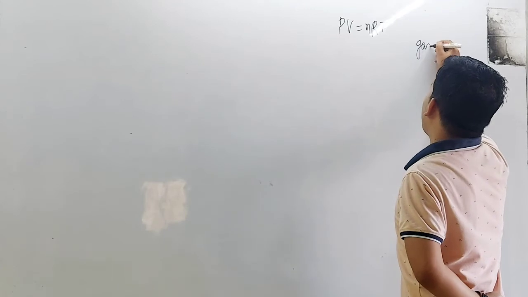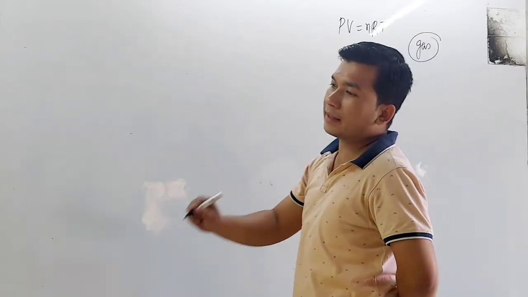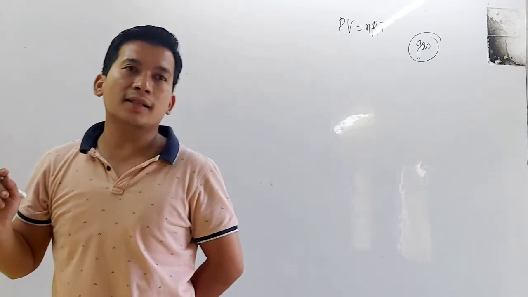For any gas, there will be three parameters that decide the condition of the gas: pressure, volume and temperature. We are left with one more parameter, that is the quantity of matter, the number of moles.